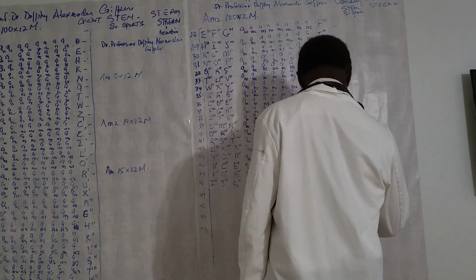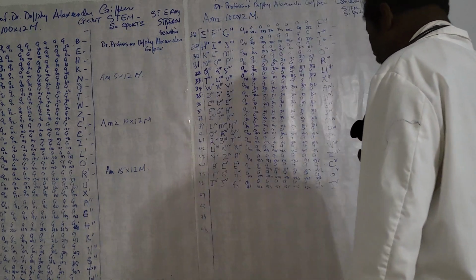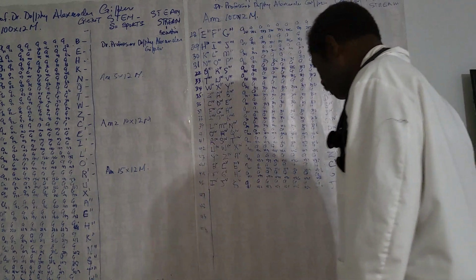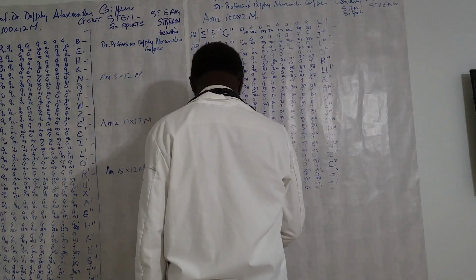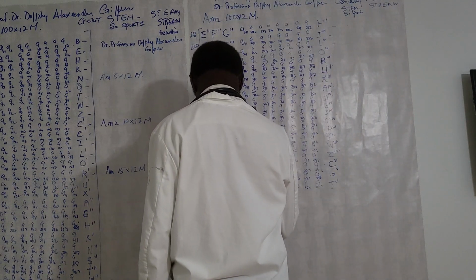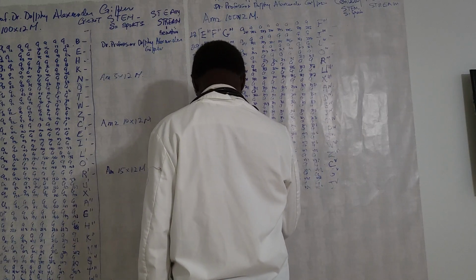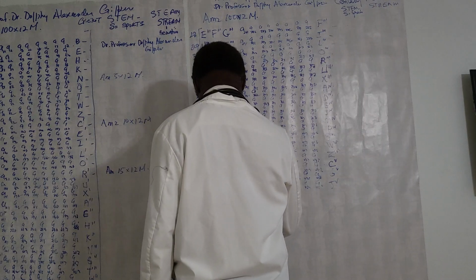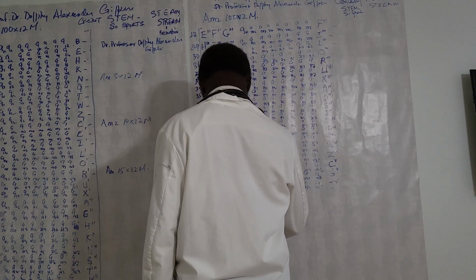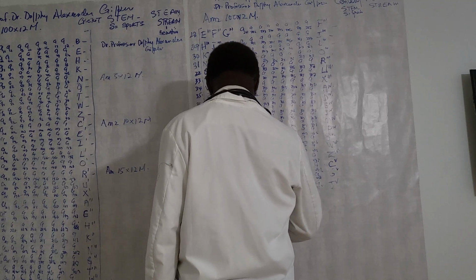Then we have now J to the 5th differential order. L to the 5th, M to the 5, and N to the 5.